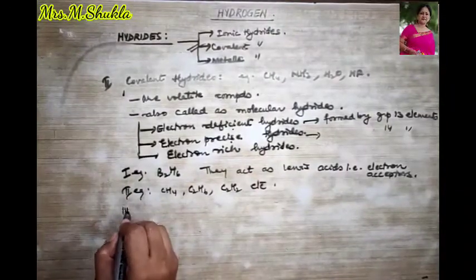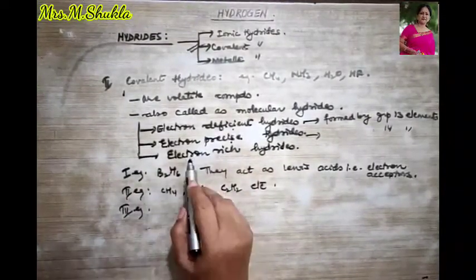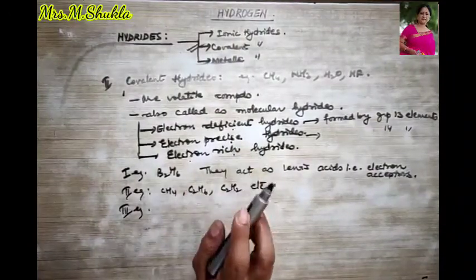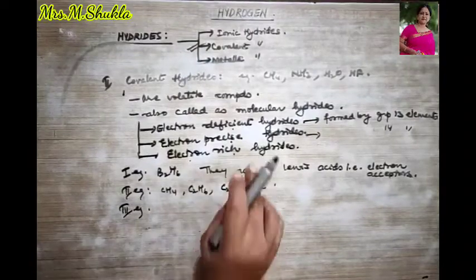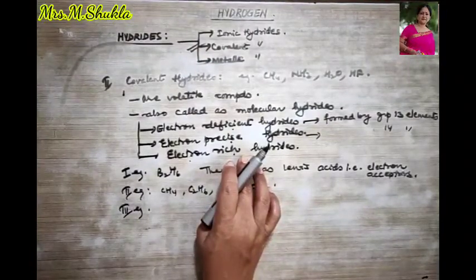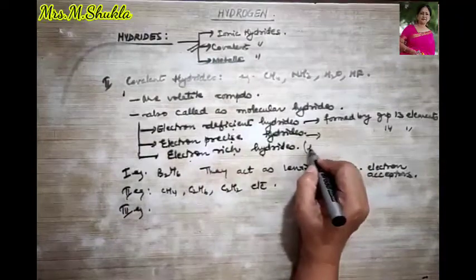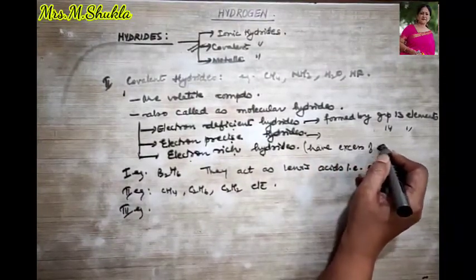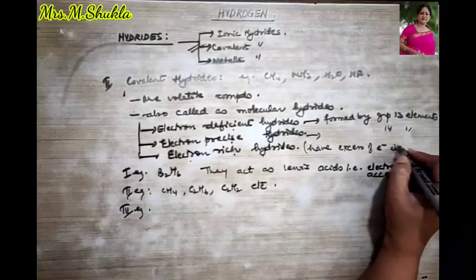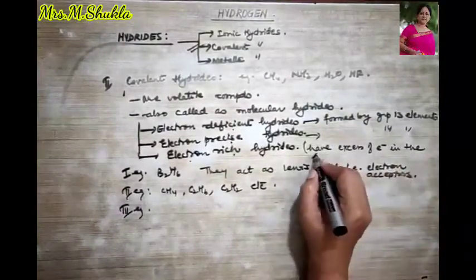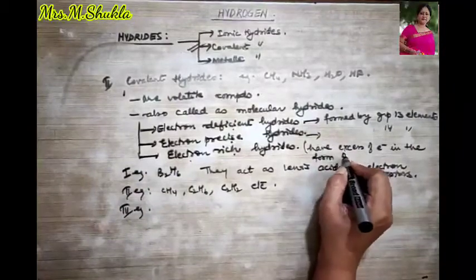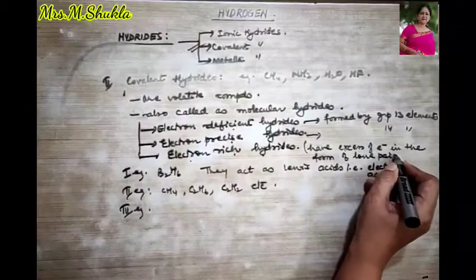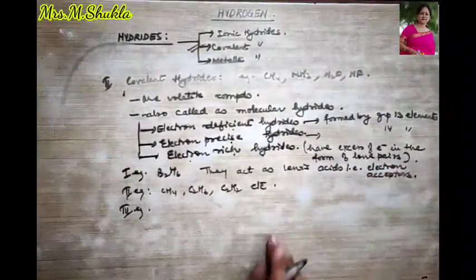Now let's talk about the third one, that is electron rich hydrides. These are compounds that have excess of electrons in the form of lone pairs, right?